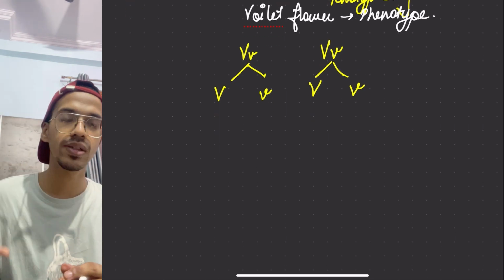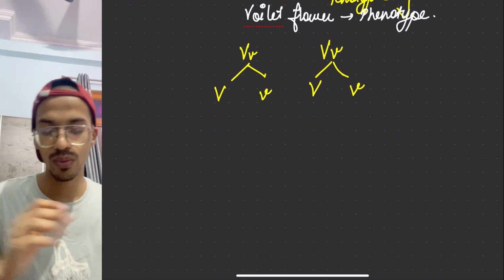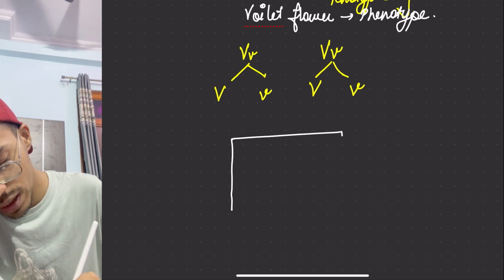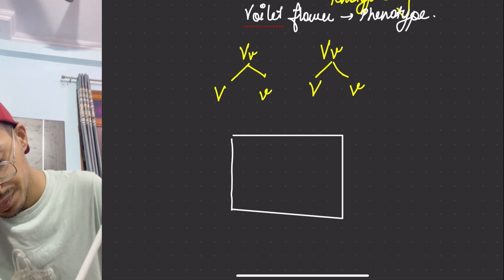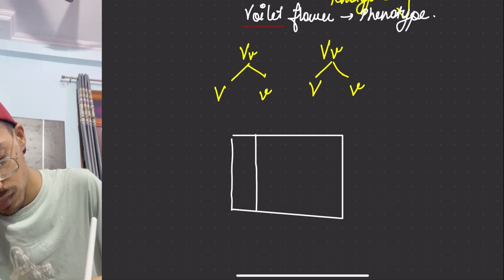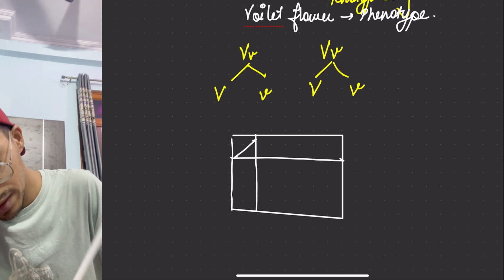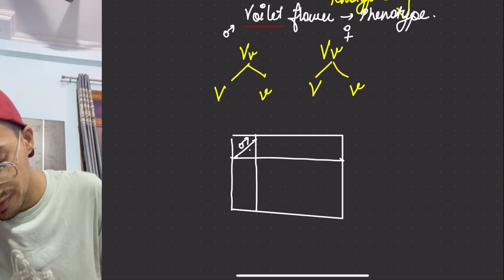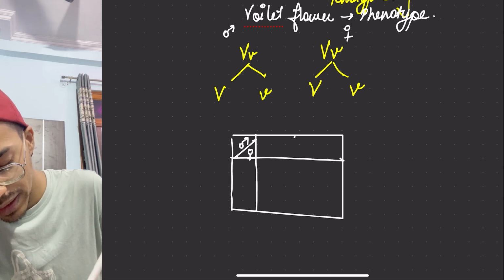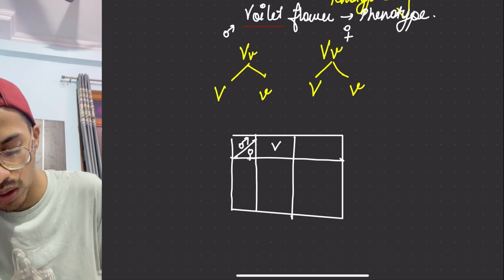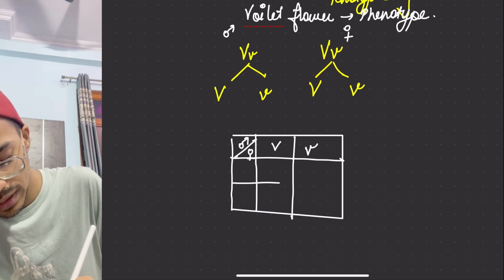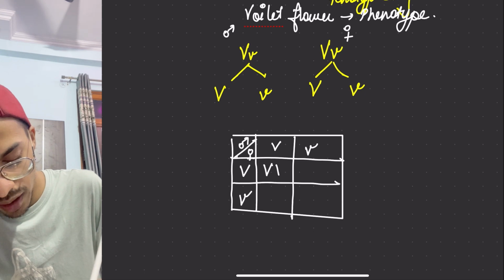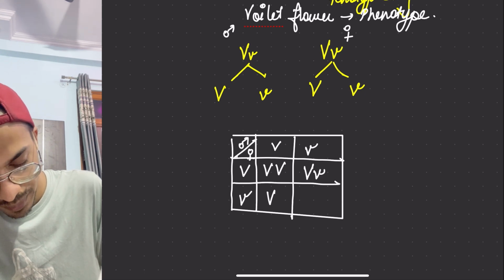You can do the crossing directly, or go with the Punnett square. We are going with the Punnett square. We make a square, keeping one side male and the other side female. The male has gametes capital V and small v, and the female has capital V and small v. This is what our Punnett square looks like.